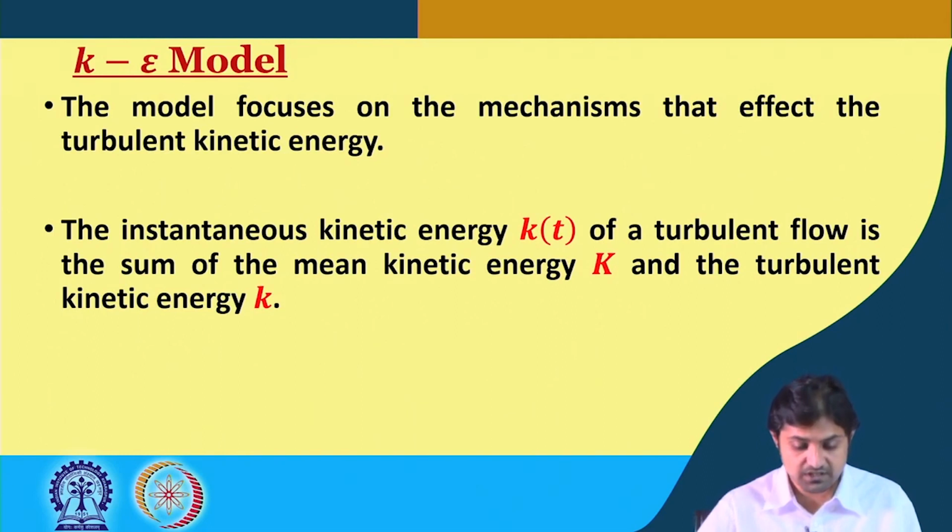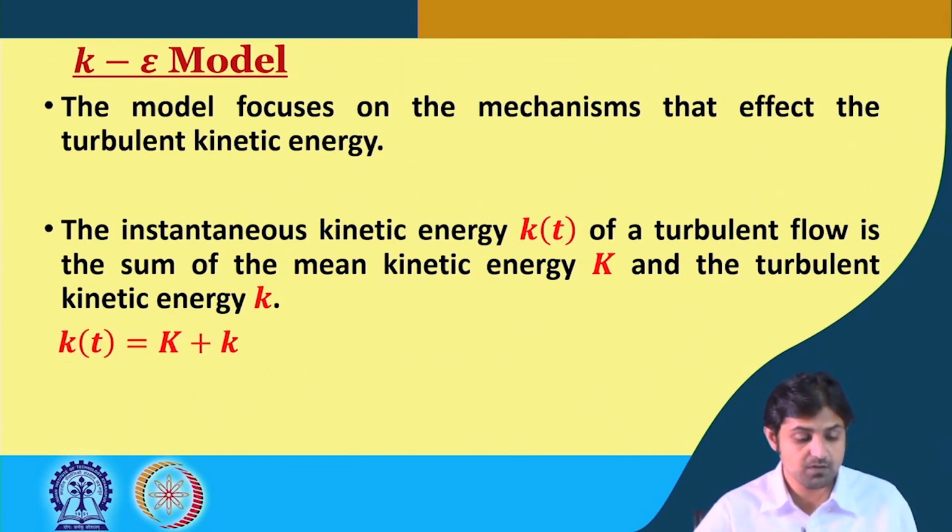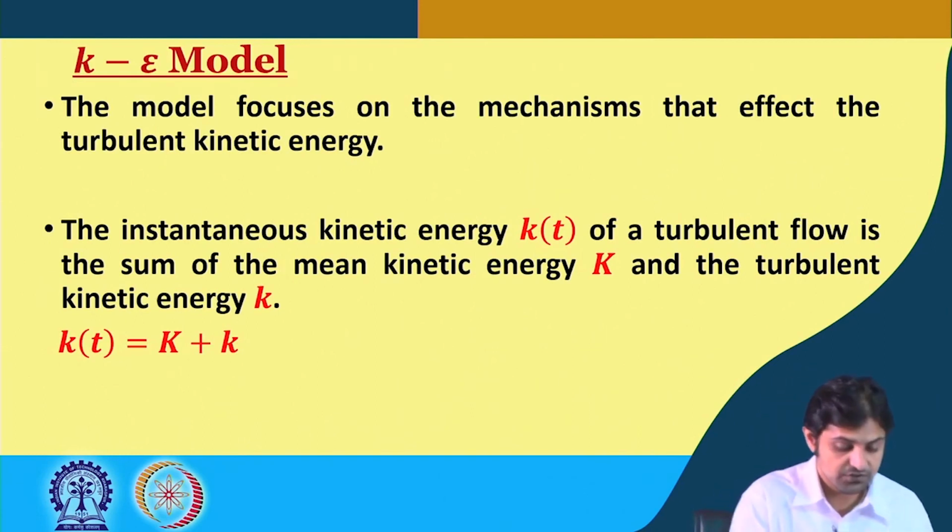The instantaneous kinetic energy K as a function of time, K of t, of a turbulent flow is the sum of the mean kinetic energy and the turbulent kinetic energy k. So, K of t can be written as capital K plus small k.